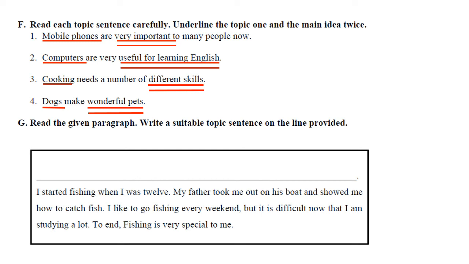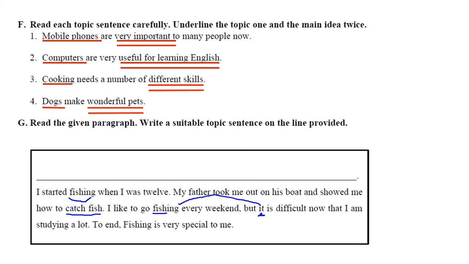Now, if you remember, I told you there's a hint to find the topic sentence. Usually you look for repeating words. Here I have fishing, how to catch a fish. Even though it's not the word fishing, it's still the same concept. I like to go fishing, but it's difficult now. But what is it? It's also fishing.